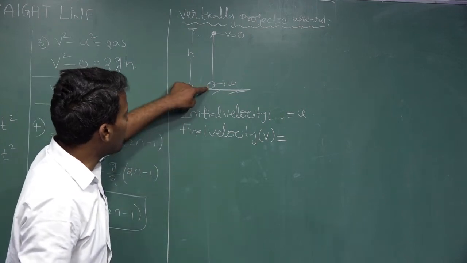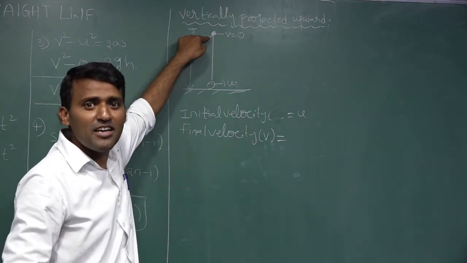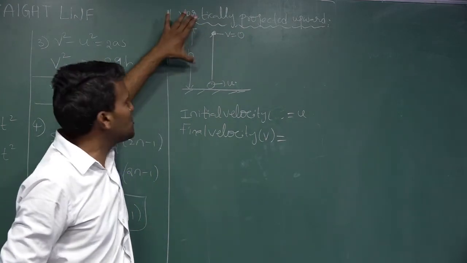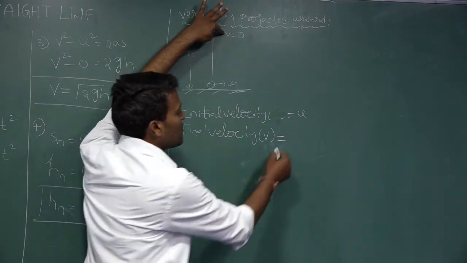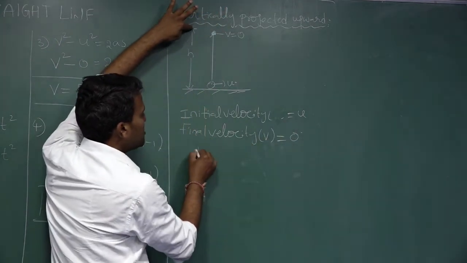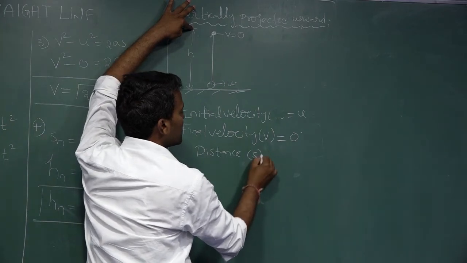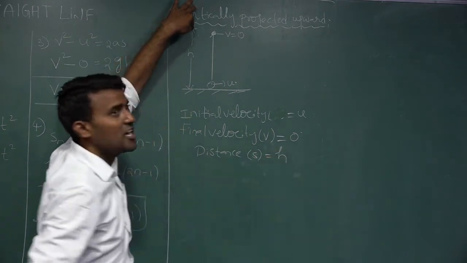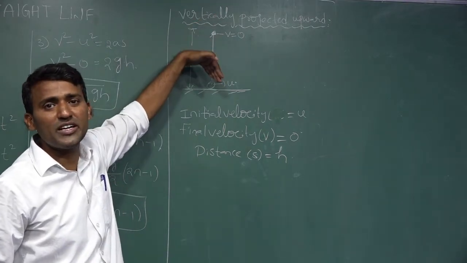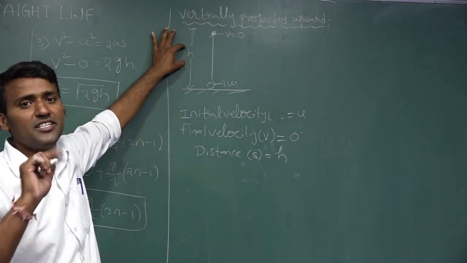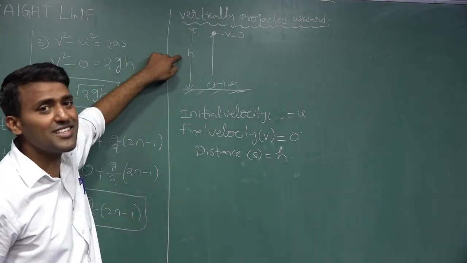See here, when the object is going upward, velocity gradually decreases. Then when it reaches maximum height, the velocity becomes 0. So final velocity is 0, and distance or displacement is equal to height. I told you, vertical displacement or vertical distance we can call height, isn't it? So we are writing it as height.